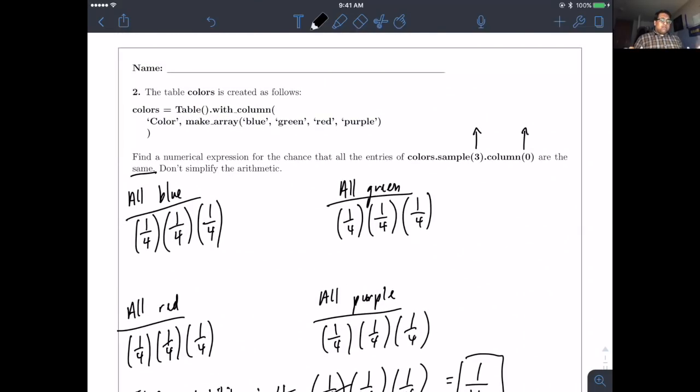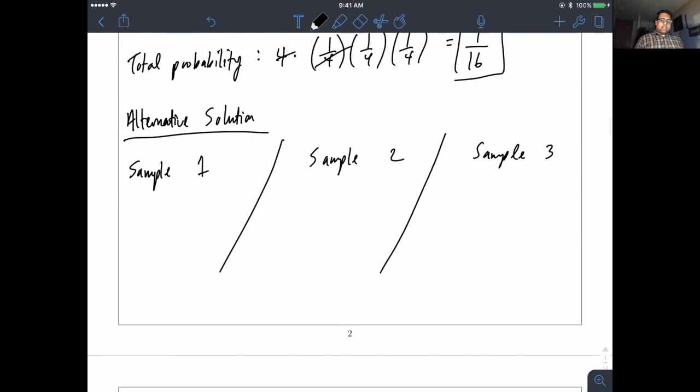It could very well be any of blue, green, red, or purple. It's equally distributed. What's the probability that the second color is equal to the first color? Right? So for example, if sample 1 is green, what's the probability that sample 2 is also green? Well, that's just a quarter, right?